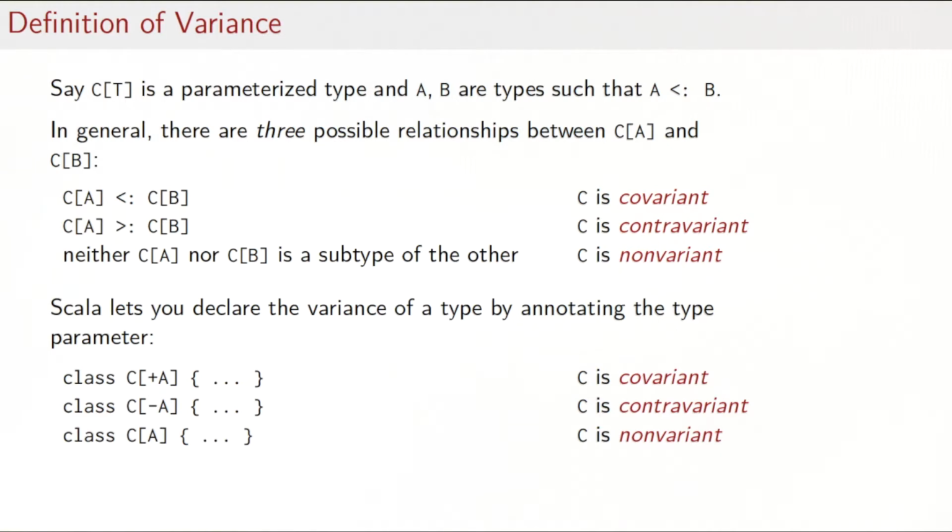You can determine that a class should be covariant by writing a plus in front of the type parameter, the A here. Or you could determine that it's contravariant by writing a minus. Or finally, if you write neither plus nor minus, then the default is that C is non-variant. So C of A and C of B are unrelated.